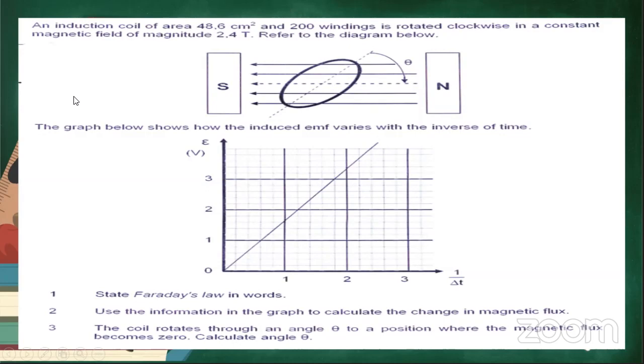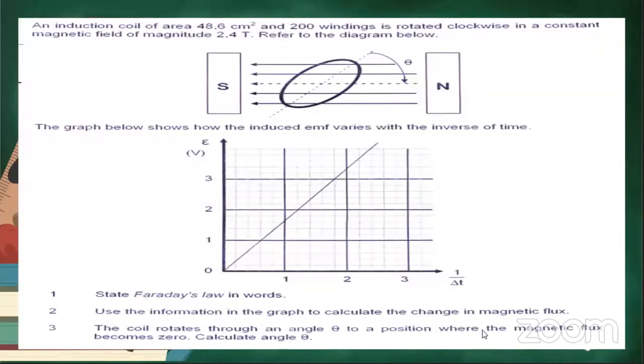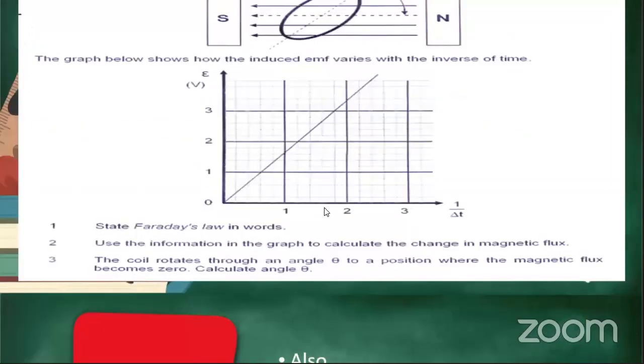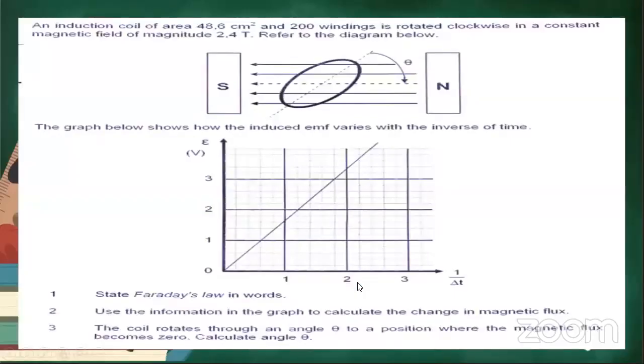Question 3 should read: the coil rotates through an angle of theta to a position where the magnetic flux becomes 0. Calculate the magnitude of theta.